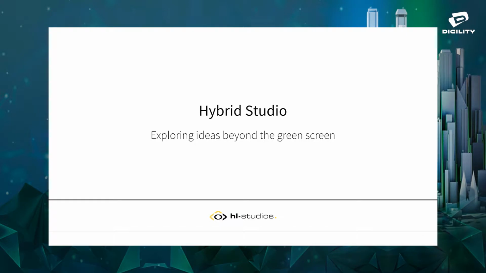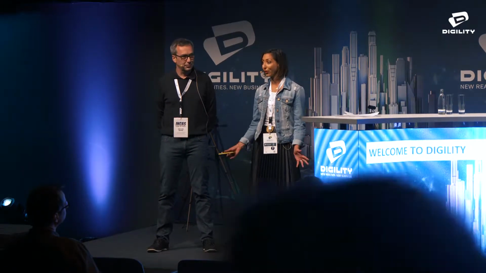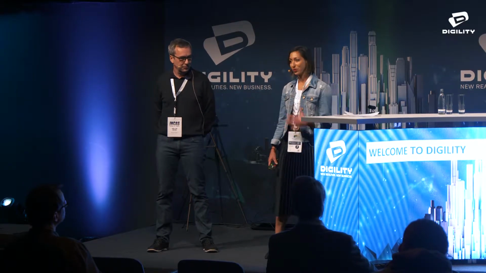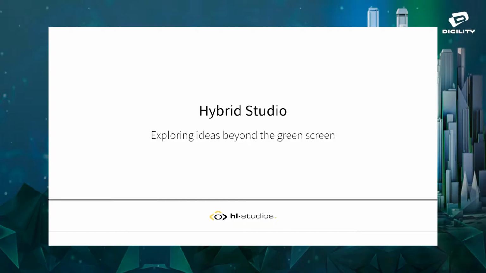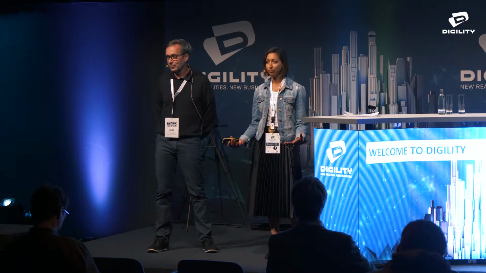Then later, we realized, well, we can't just show that product alone. It doesn't sell itself. We need to create a whole user experience around that product. And that's where the green screen came in. We use the green screen on a lot of our photo shoots, and the products are embedded into that scene.